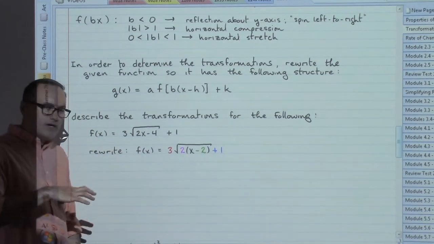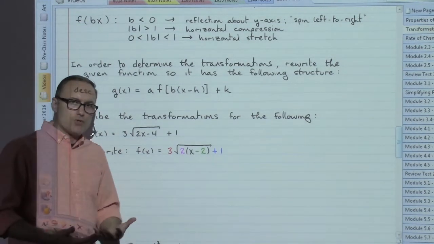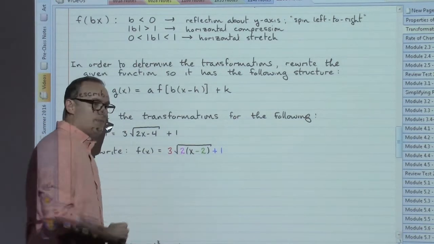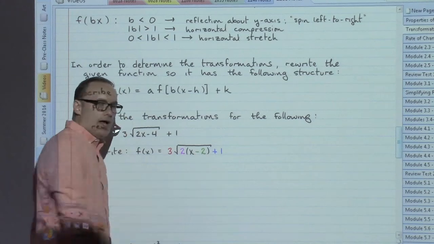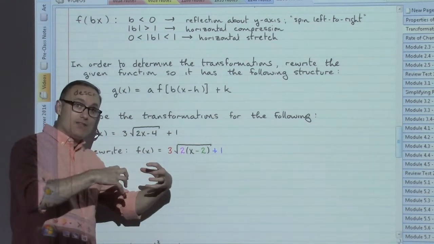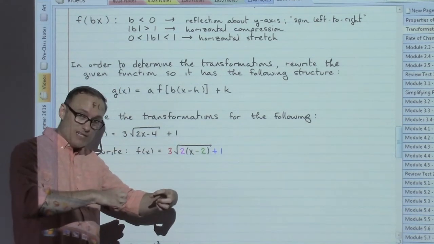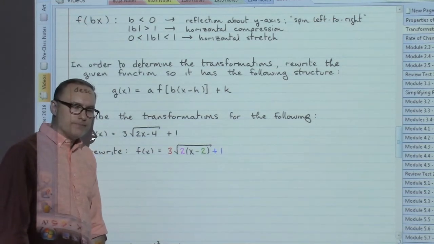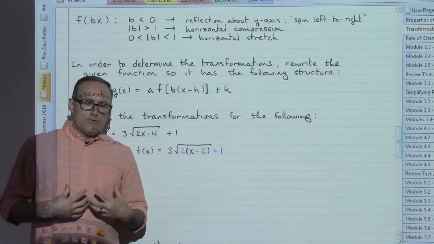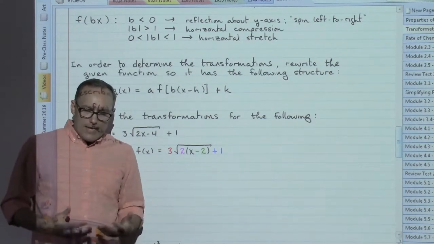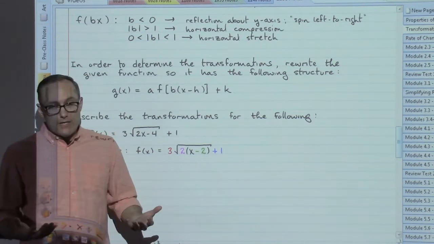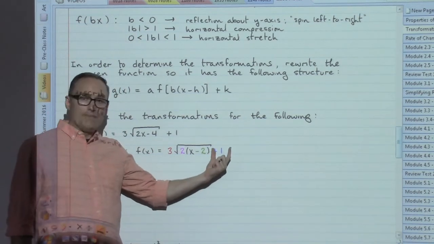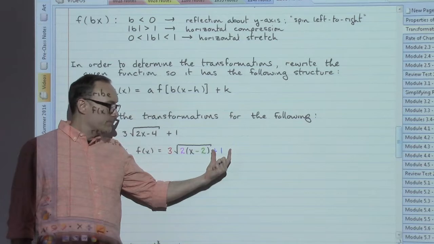So the things that are different versus our regular square root of x, we've got a 3 out in front. We've got a times by 2 inside. We've got a minus 2 inside the square root, inside parentheses. We've got a plus 1 at the tail end. The nice things for us to deal with are any kinds of shifts, because what we are usually going to be seeing is stuff that is clearly adding or subtracting on the outside.